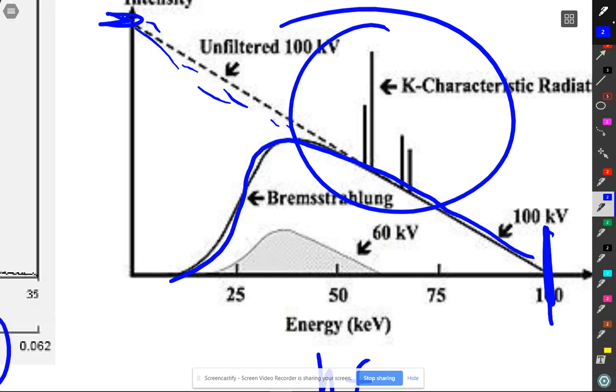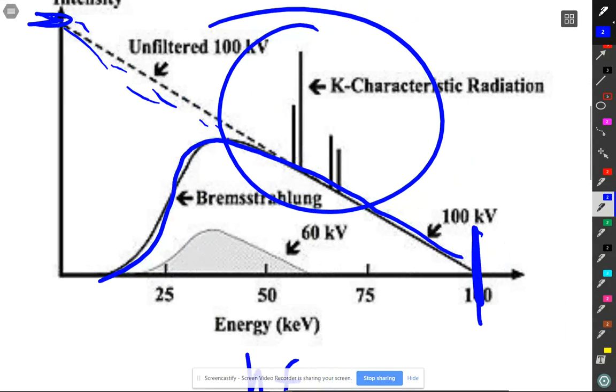Just like I know that they skip either H or I for the SPDFG. It goes alphabetical order except they skip one. I can't remember which one they skip, so I stop at G. So if it says K, that means that it's falling down to the n equals 1.